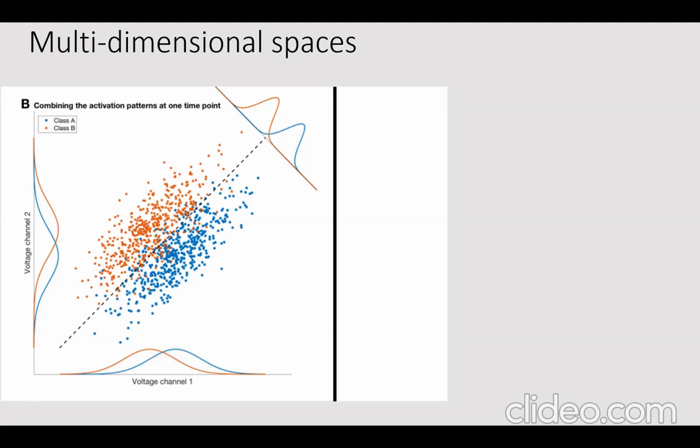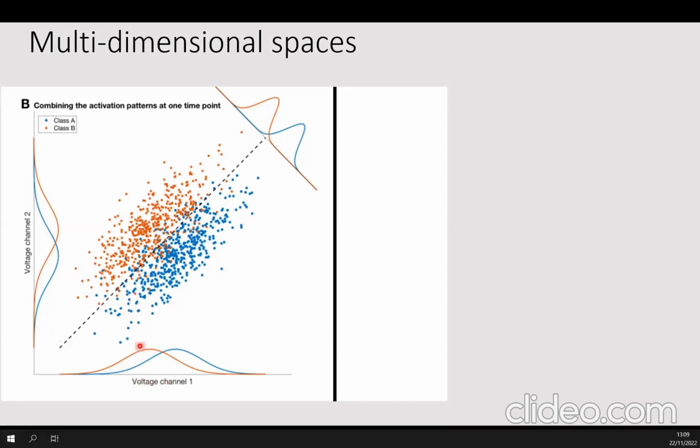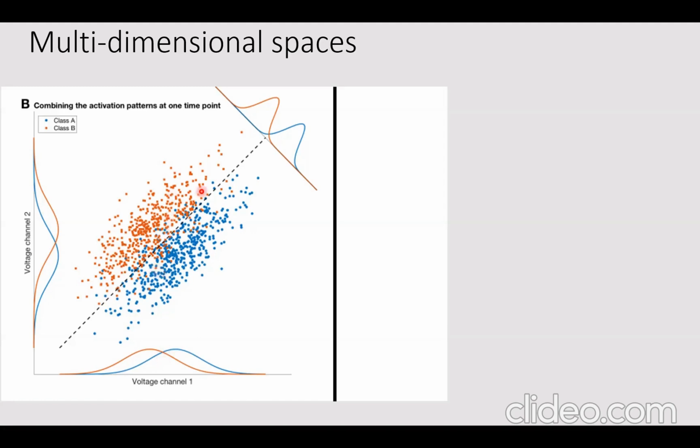What representing the data in multidimensional spaces can try to address is that there might be some variance captured, covariance between voxel 1 and voxel 2, or the channels, that we can capture by representing the data in this multidimensional space, where each stimulus presentation is now put in a coordinate system where the activity of channel 1 and channel 2 are its coordinates.